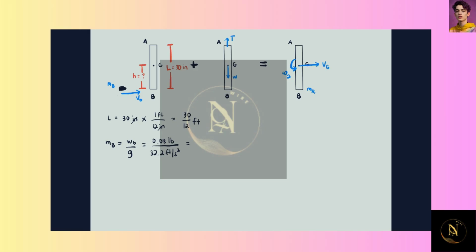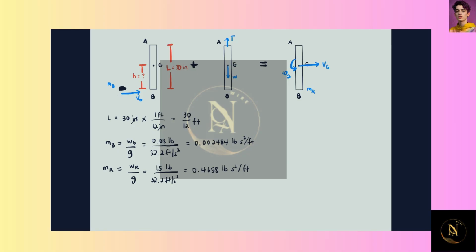This will be equal to 0.002484 pound second squared per feet. Then for the mass of the rod, mr equals the weight of the rod divided by g, so 15 pounds over 32.2 feet per second squared. This is equal to 0.4658 pound second squared per feet.